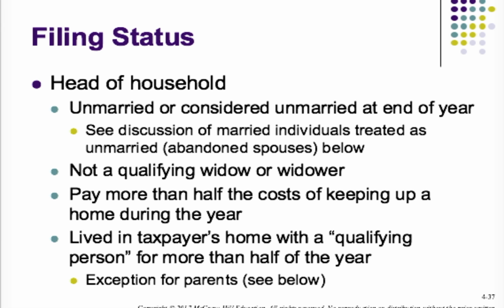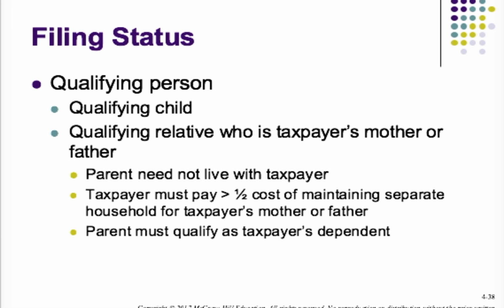These are the stipulations. Qualifying, for purposes of determining head of household, those are your options there. Okay, so you can either have a qualifying child or children, or a qualifying relative who is either the taxpayer's mother or father.